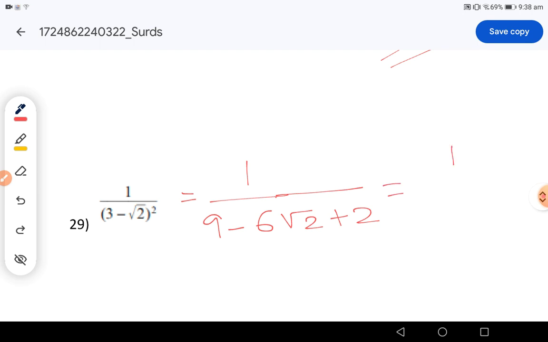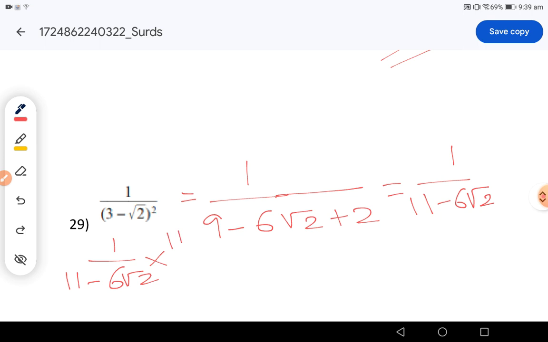That means 1 by 9 plus 2 is 11, 11 minus 6 root 2. Now again rationalize. 1 by 11 minus 6 root 2.